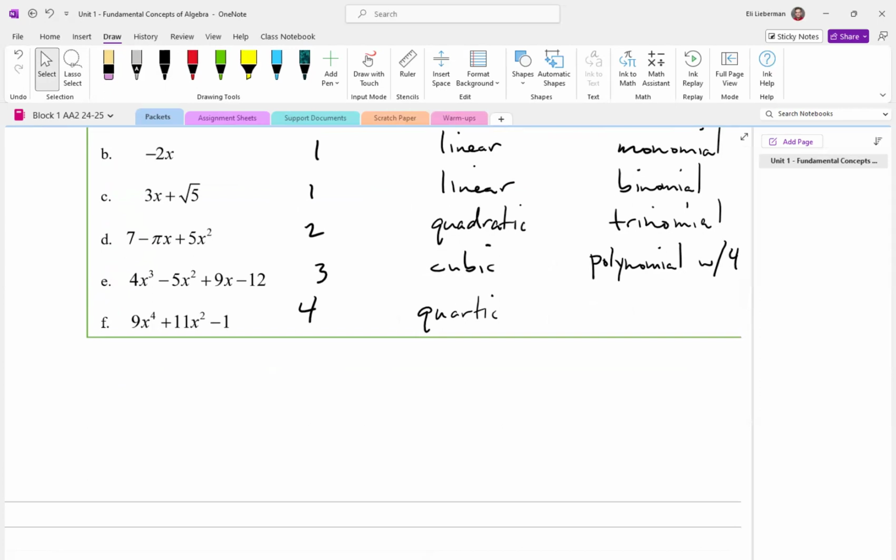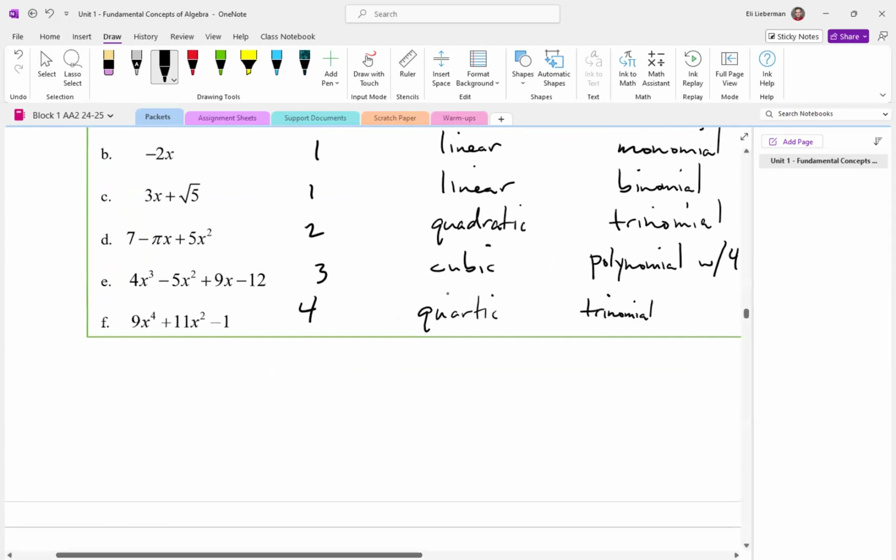The last one we know is trinomial. So we would describe it as a quartic trinomial. Can you imagine a cubic binomial? Can you write a cubic binomial? Just check with your partner, see if they wrote an appropriate cubic binomial as well.